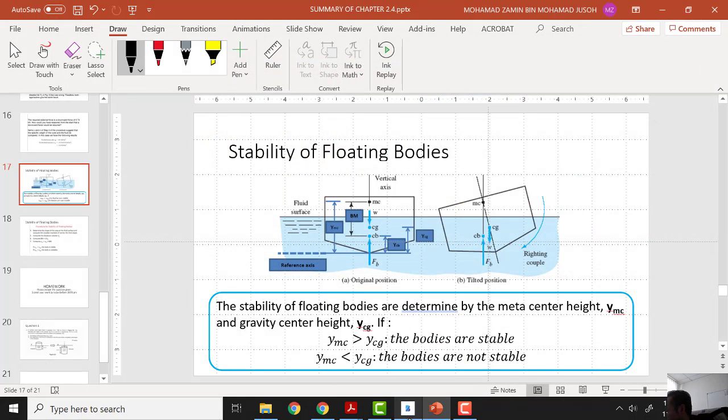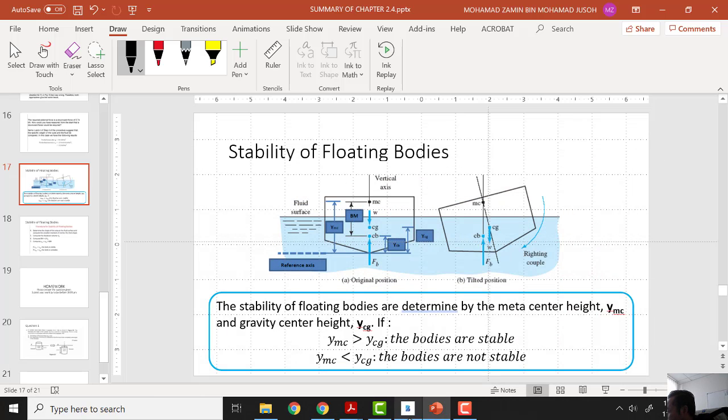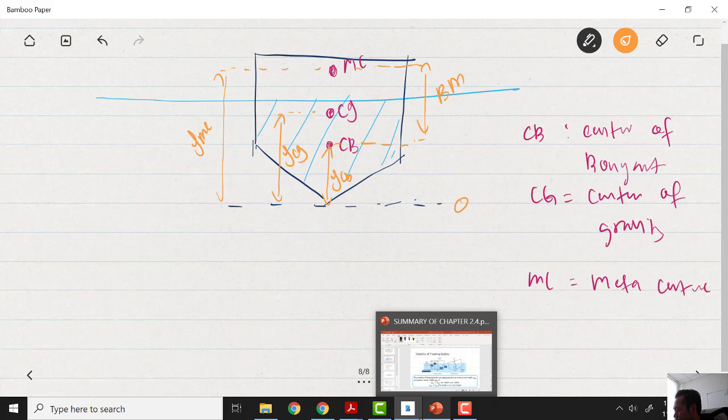So we have YCB, YMC, and YCG. Another one we have is BM. BM is the distance from the center of buoyancy to the metacenter, from CB to MC.